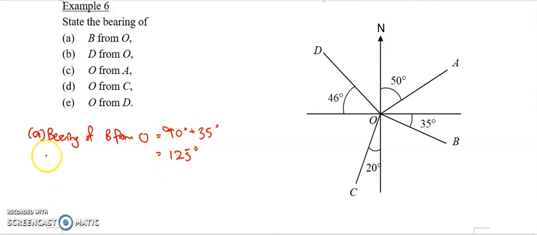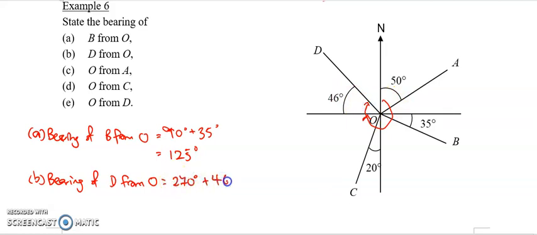Next, part B, bearing of D from O. O is still our reference point, so for point D we can use 270 degrees plus 46 degrees, and we'll get 316 degrees. So this is our answer for B.